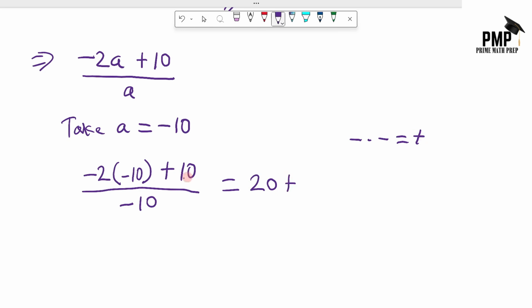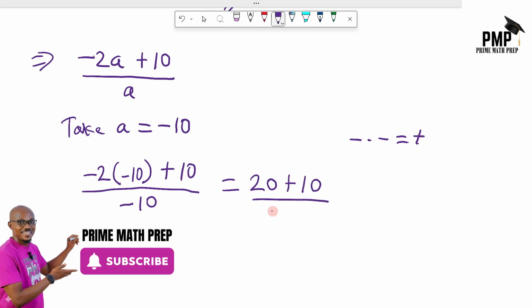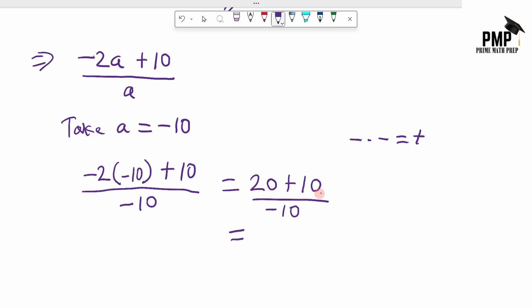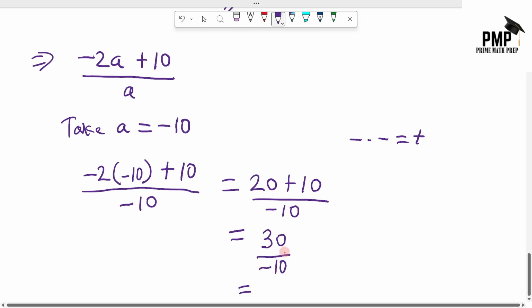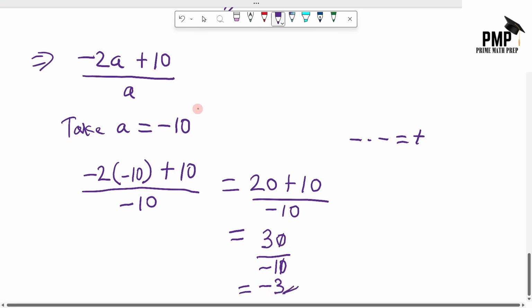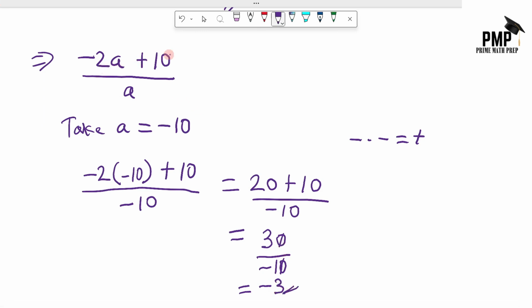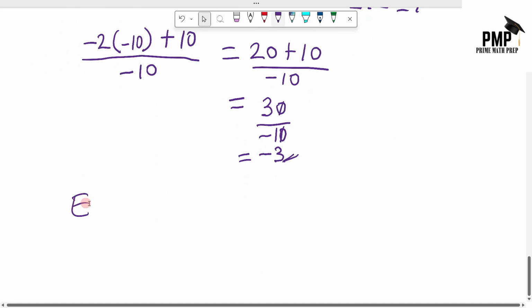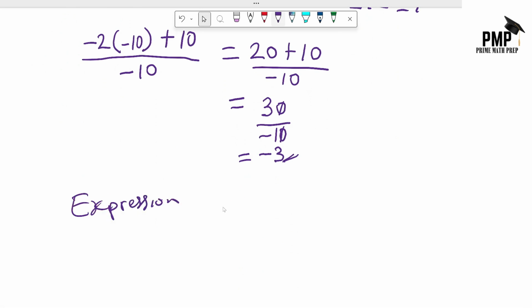We'll add this 10 to it. We'll still divide by negative 10, our variable. This will now be equal to 20 plus 10 is 30 divided by negative 10. 30 divided by negative 10, our 0 will cancel 0. This will now be negative 3.